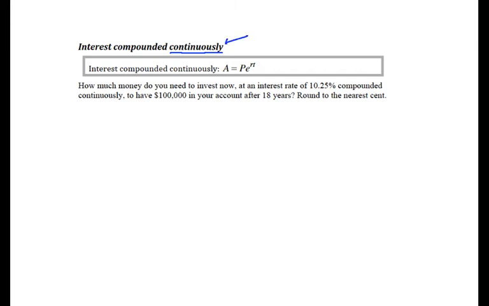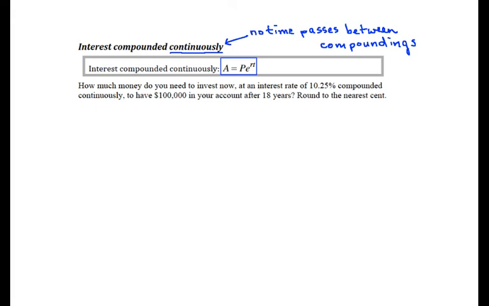Compounded continuously means that no actual time passes in between compoundings. And so we have a new formula for this, and not surprisingly, it uses that e. Our formula is A equals P times e to the rt.